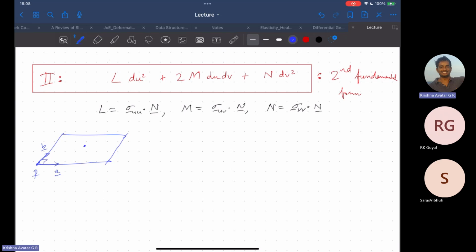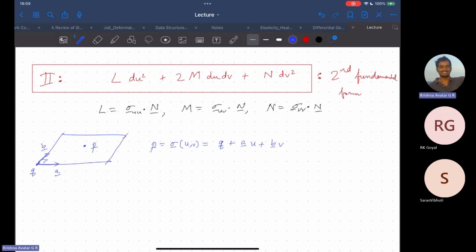So at any point, say this point, let's call it some Q vector, right? So any point P vector can always be written as sigma of u comma v, which is equal to Q vector plus A vector u plus B vector v.